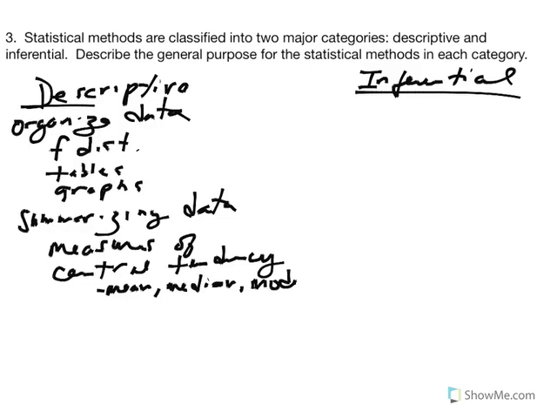So measures of central tendency tend to summarize using one statistic. Another summation statistic would include measures of variability.